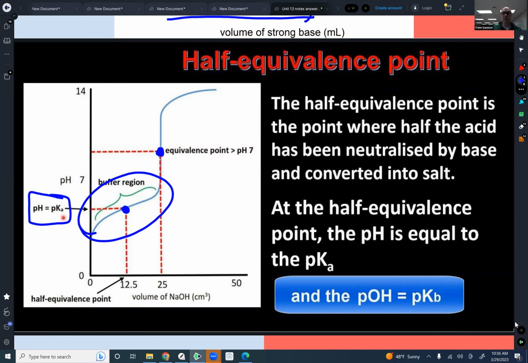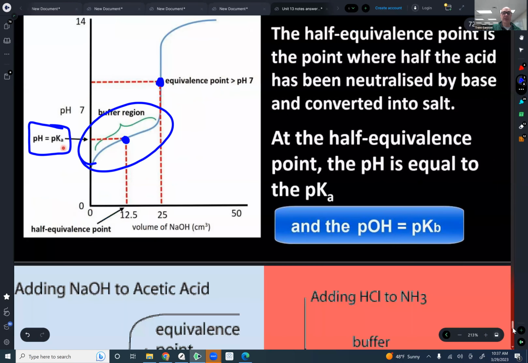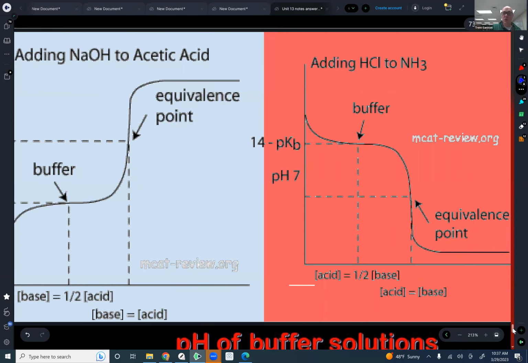That would be important for us to know, or we could say the same if we were doing this graph with bases, so that we can make some calculations later based off of graph data. So here's what we would need to understand at this half point, where it is now going to be in equal portions of acid and base, not where the pH is equal, but where acid and base are going to be equal is up here, but where I have half as much.